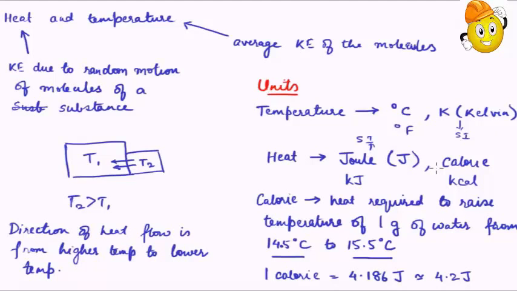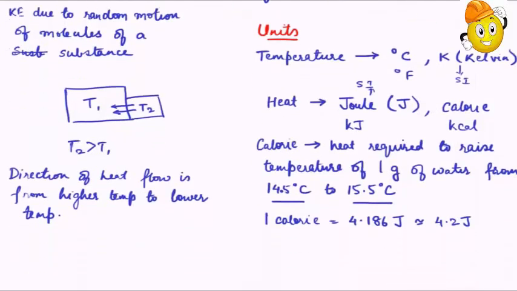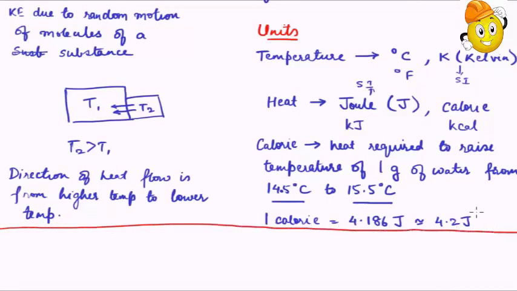Now let us see the factors which affect the heat content of a body. So how much heat is basically contained in a body? Think about if you have a body which is 1 kilogram and another identical body but the mass of it is 2 kilogram.